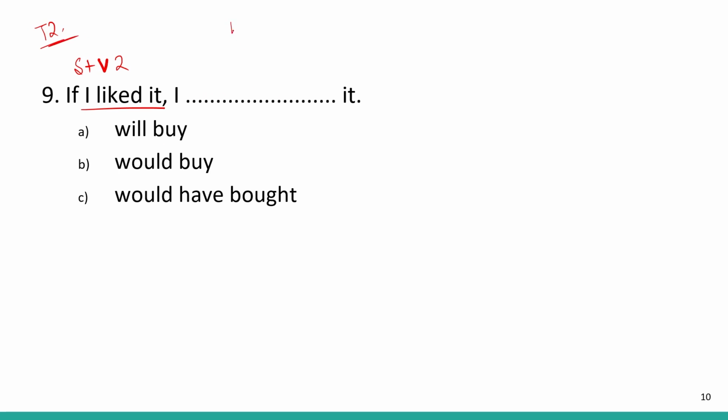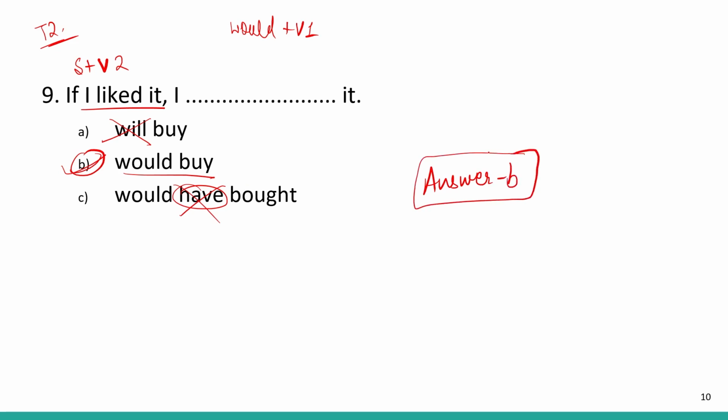So here we need would plus verb first form. So here it is would buy and would have bought. So have cannot come over here. So would buy. It means our answer will be B. B will be the correct answer.